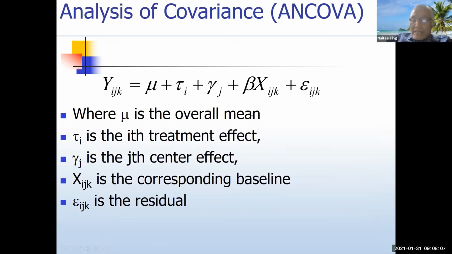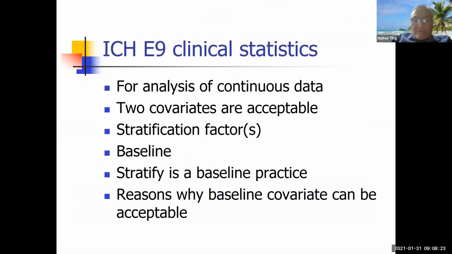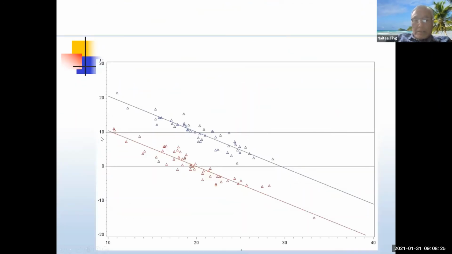If I did not include it, I have just the overall test drug mean minus the overall placebo mean. But in this case, either way, I have the same difference. Without baseline in the model, I'm looking at the difference between 10 and 0, a difference of minus 10 units. By incorporating x into the model, I have a treatment difference of about 10.